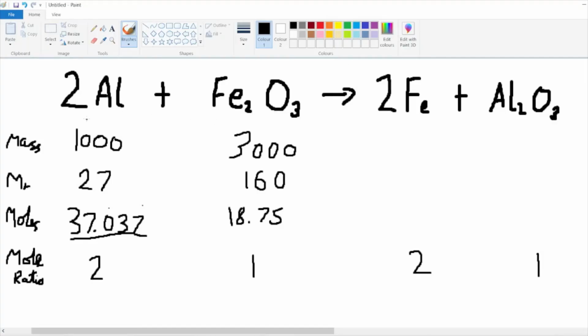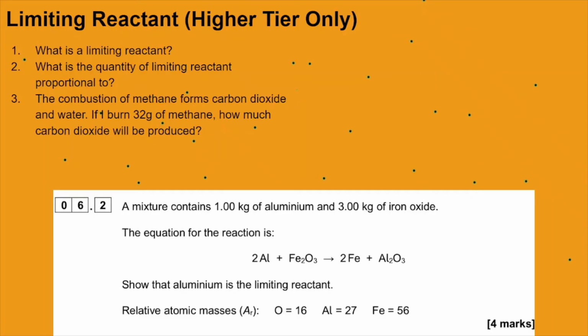So therefore, while the aluminium will be used up fully, it is the limiting reactant, and at the end of the reaction there will be some iron oxide left in excess. And there we have it, complicated exam question, 4-mark calculation, solved pretty easily by the table. There are other ways of doing it, but I like the table just because it's obvious to see what you're doing, and you use it for all the other moles and mass stuff as well.